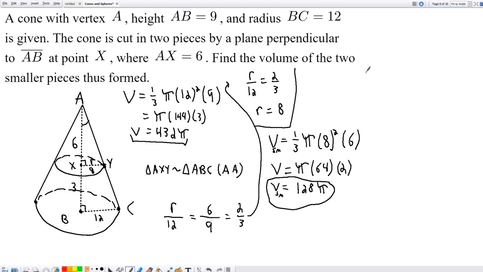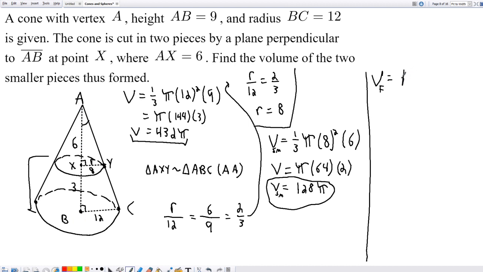Now, for the second part, we need the volume of the other piece, this piece right here. That's called a frustum, so I'm just going to put volume of F is equal to, well, that's simple. It's the volume of the entire cone minus the volume of the smaller cone.